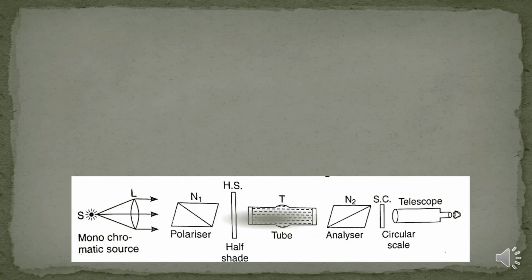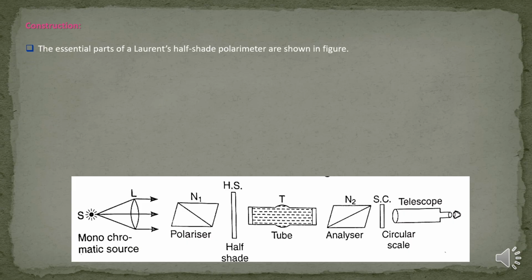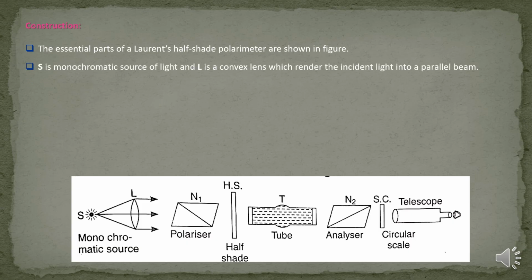Construction of Laurent's half-shade polarimeter. The essential parts of a Laurent's half-shade polarimeter are as shown in the figure. S is a monochromatic source of light and L is a convex lens which renders the incident light into a parallel beam. Here N1 and N2 are two Nicol prisms.